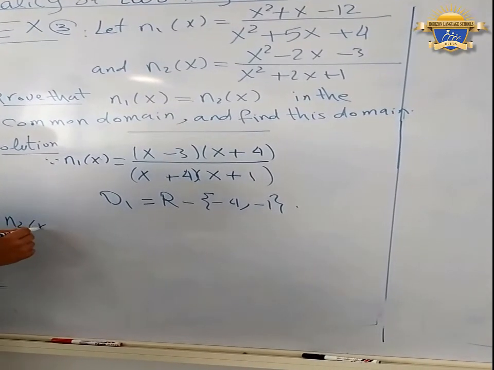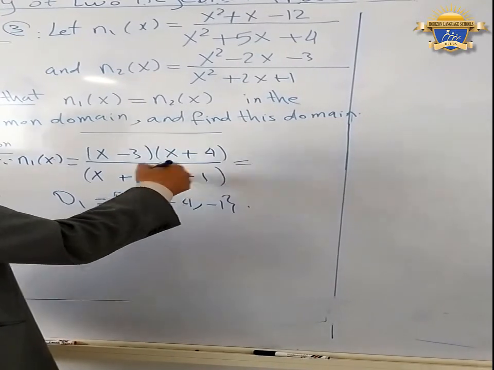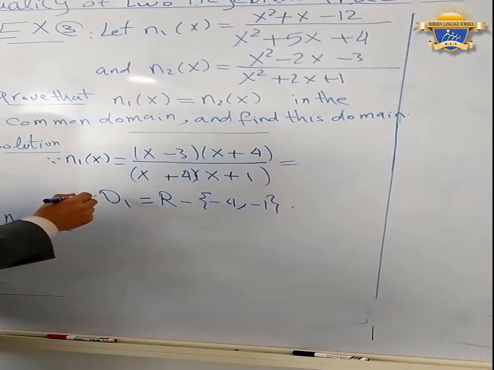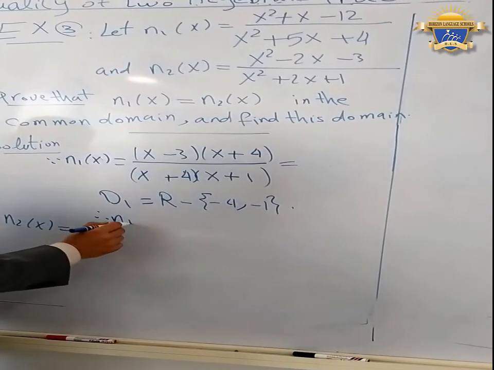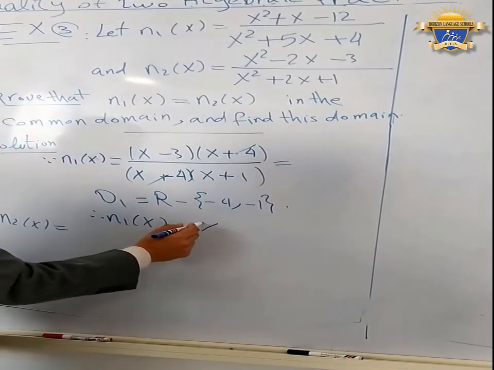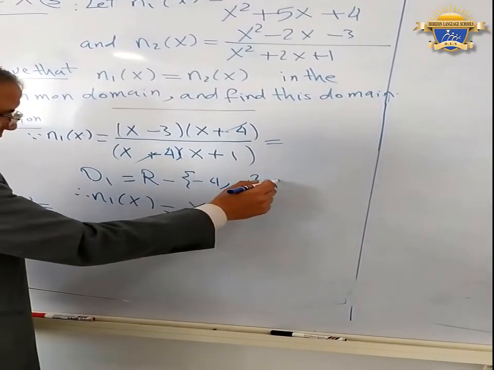N2 of x equals, after removing the common factor with N1 of x, x minus 3 over x plus 1.